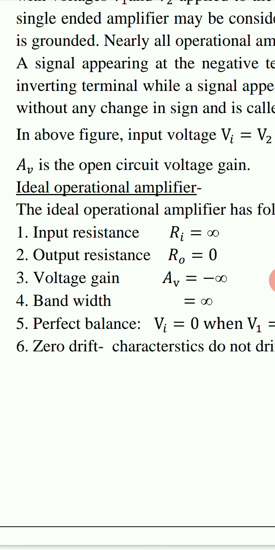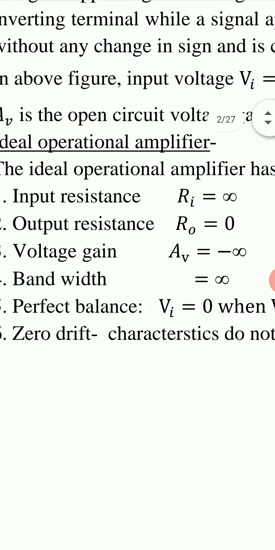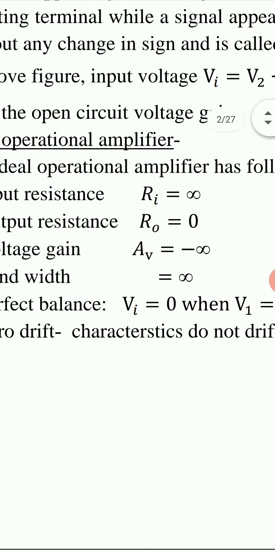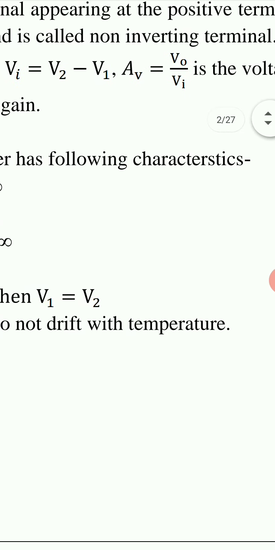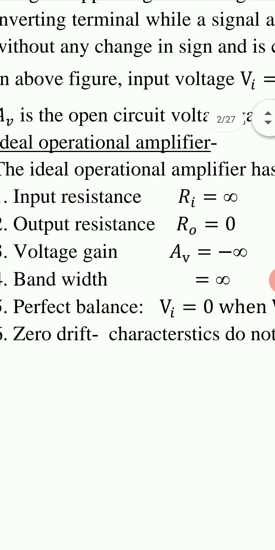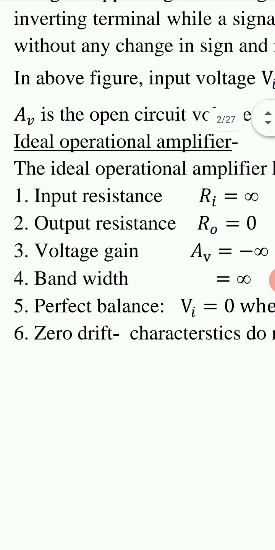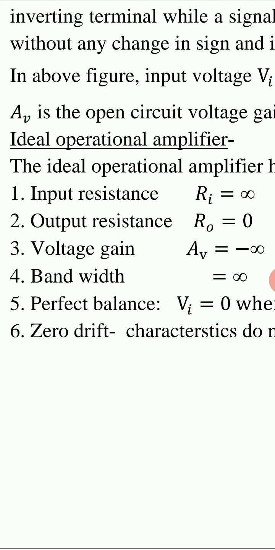Ideal operational amplifier. Ideal operational amplifier has following characteristics. Number 1, its input resistance Ri is infinity, and its output resistance Ro is 0. Voltage gain AV is minus infinity, while bandwidth is equal to infinity.